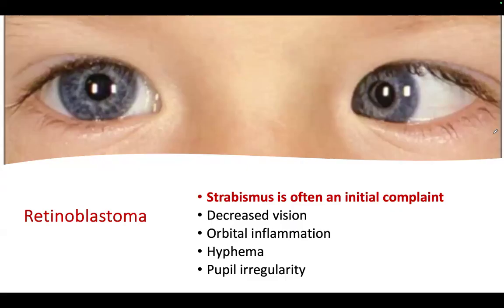Next, we have decreased vision, inflammation of the orbits, the presence of a hyphema, and irregularities of the pupil. So please take note of this, okay?